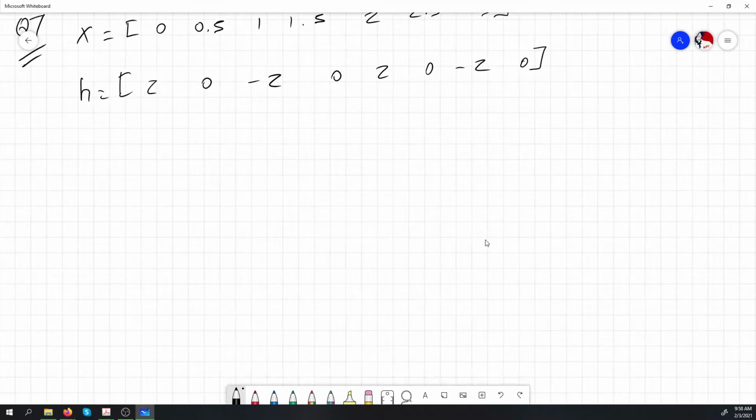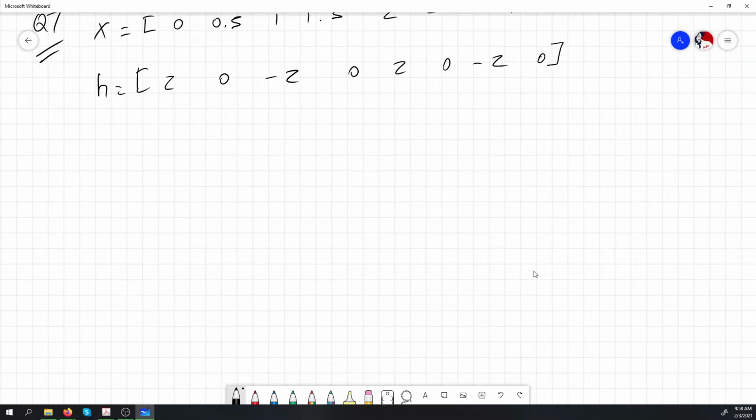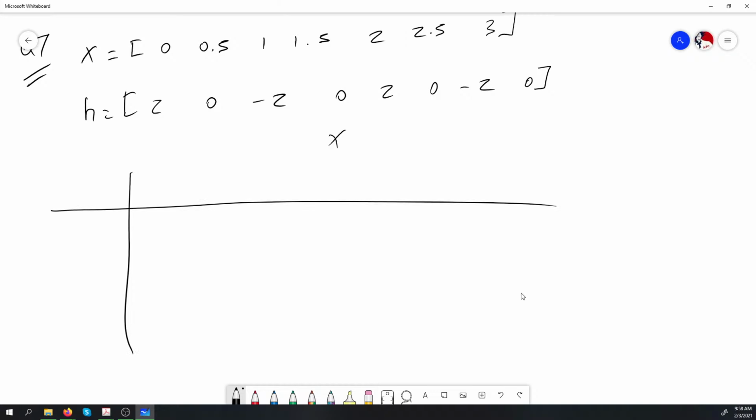So let's set up a convolution table, and I'm going to be drawing this here. As I said, it doesn't matter where you put the x signal or the h signal on the convolution table. The order of the convolution doesn't matter.